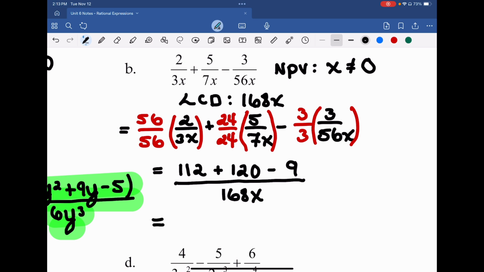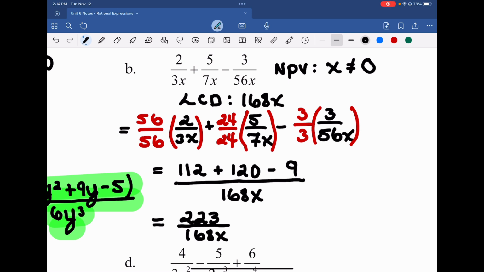Now we're just going to combine our terms together. So 112 plus 120 is equal to 232, minus 9 is equal to 223. We end up getting 223 divided by 168x. Then you want to be thinking, can you reduce that any more?